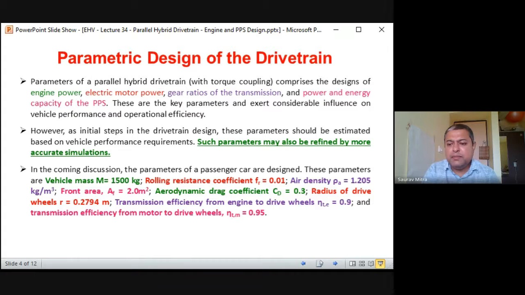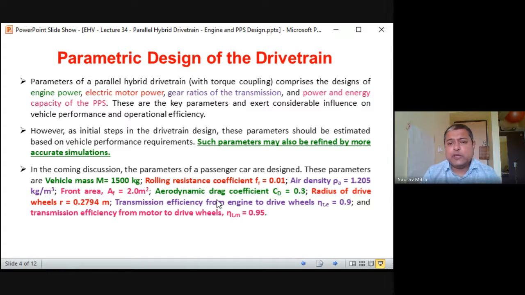It is given as 0.9. That means whatever engine power is generated has an efficiency of 90%, and the motor to the drive wheel efficiency is 95%. With all this, they have done all the simulations and designed the results.